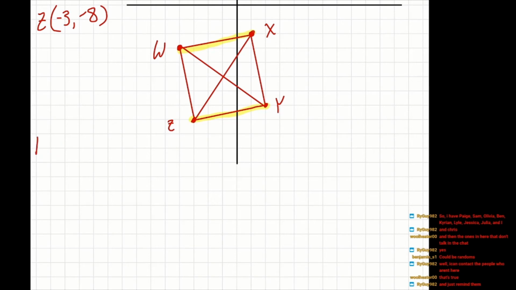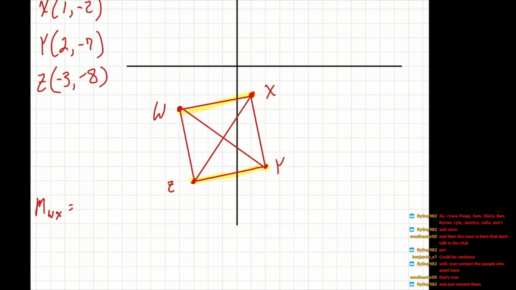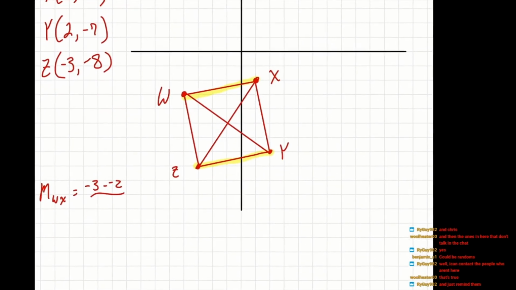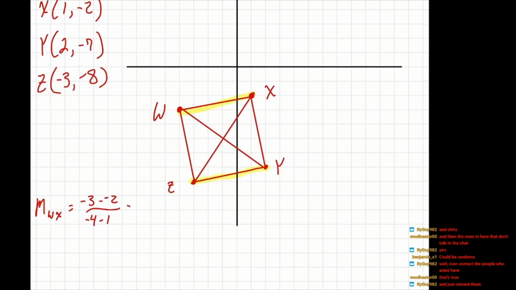Slope of WX: negative 3 minus negative 2 over negative 4 minus 1. We switch this to addition, and this is equal to negative 1 over negative 5.